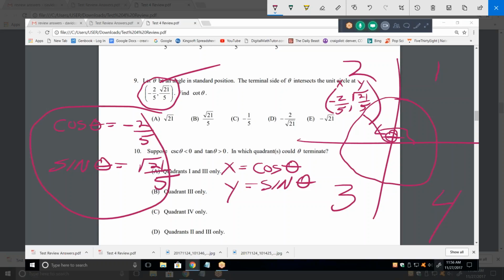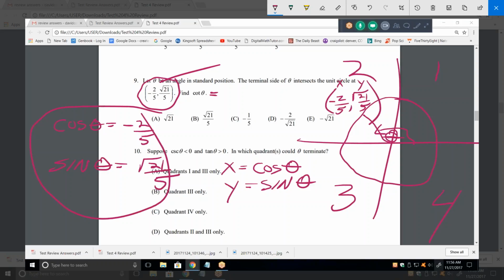Well, what's cotangent of theta? What's the trig identity for cotangent of theta in terms of sine and cosine? Tangent is what? It'd be 21 over 5.